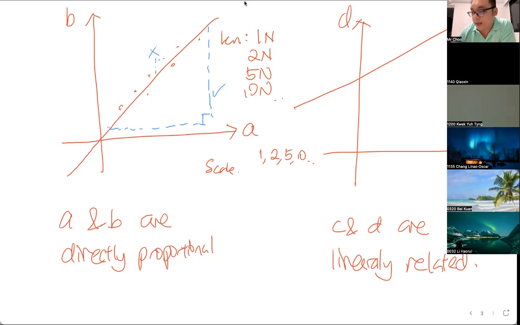Your graph, in the exam, both your x and y axis must be greater. I mean, not the axis, your graph on the horizontal and the vertical must be greater than half of your graph paper. What do I mean by this? If this is your graph paper, then you draw your graph, but it's like this.